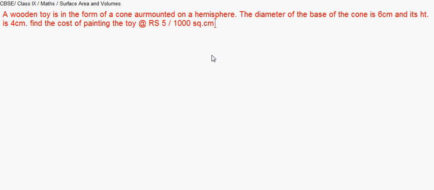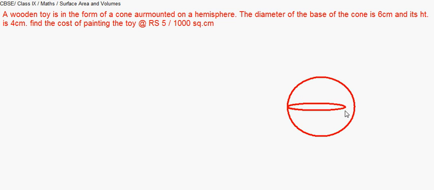Let us draw how it looks like first. It becomes difficult for me to draw, so I'll be drawing the hemisphere first, and then we'll be trying to draw the cone on that. This is how the toy actually looks like. The wooden toy is in the form of a cone.